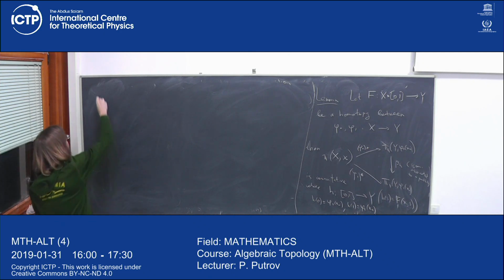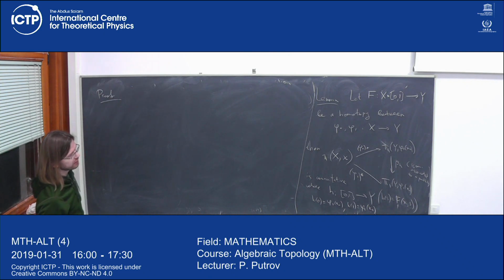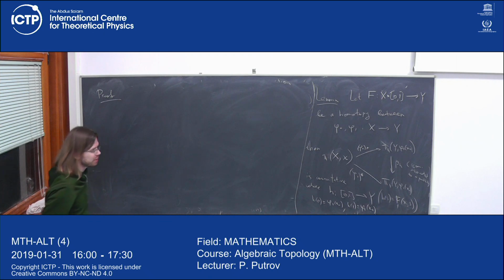So what is the proof of this lemma? What does it explicitly mean that this diagram is commutative?